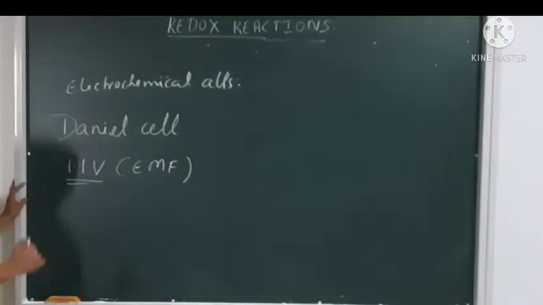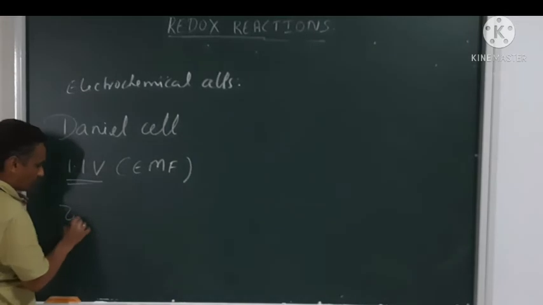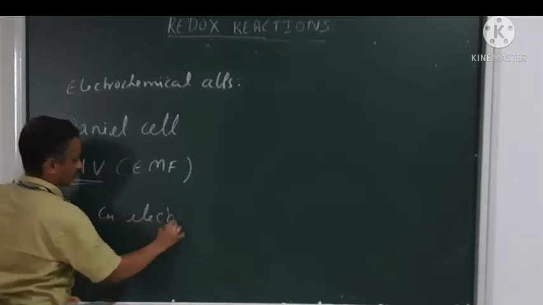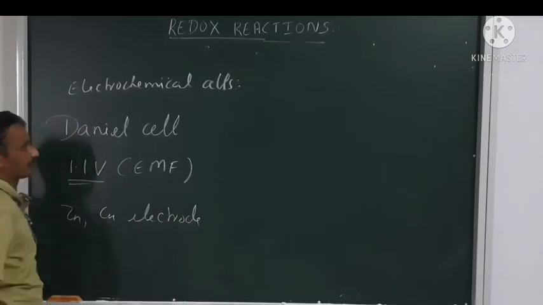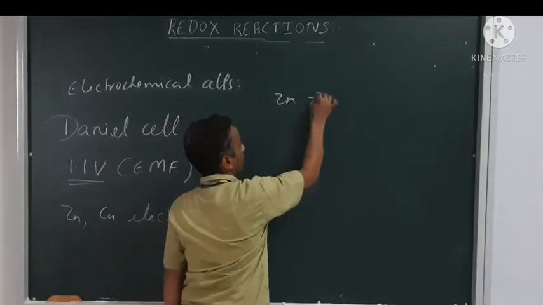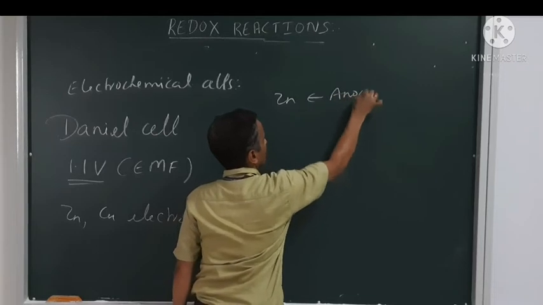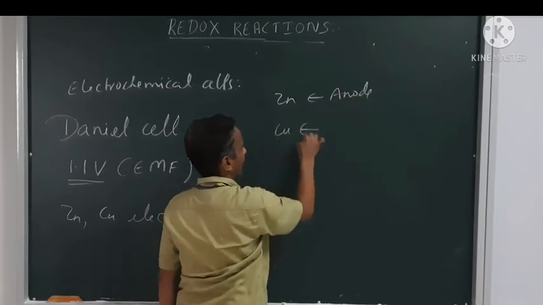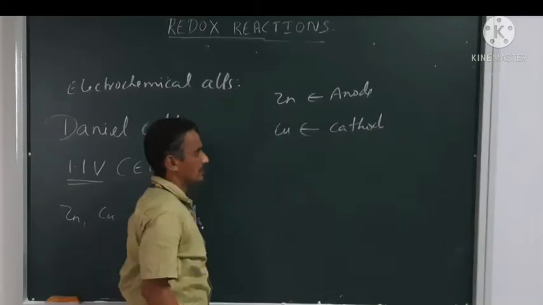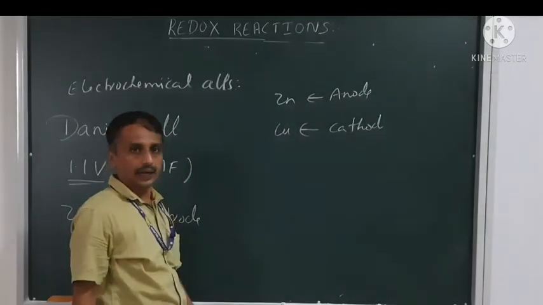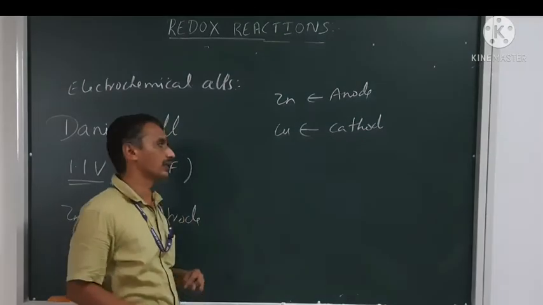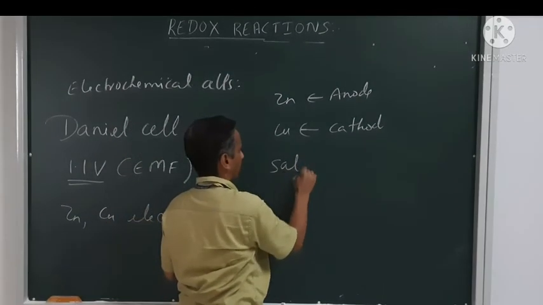Second point, Daniell cell means it is a combination of zinc and copper electrodes. Note this also. In the Daniell cell, zinc is anode, copper rod is cathode. And whenever it says a Daniell cell or the Galvanic cell, a salt bridge should be there.